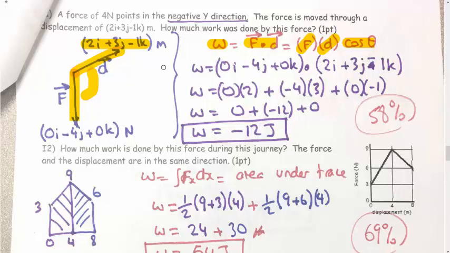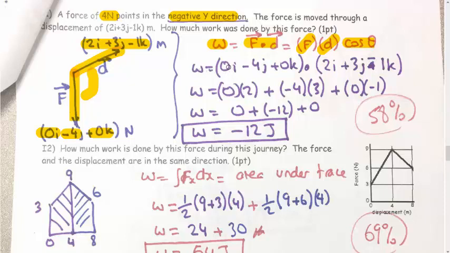find the vector which is F. And so I decide it's 4 newtons pointing in a negative direction. That's going to be 0i minus 4j plus 0k. So one skill is, can you make a vector given a magnitude and a direction? And then the next thing is, can we do a so-called scalar product?